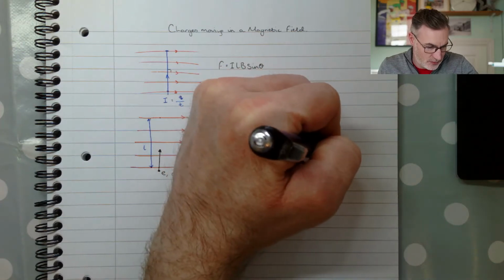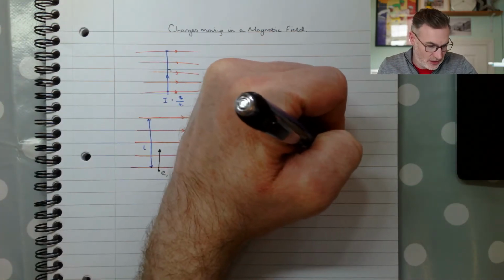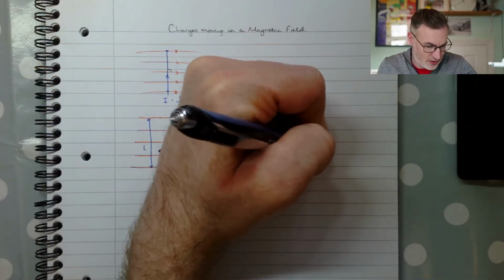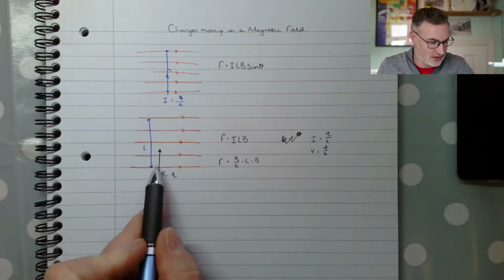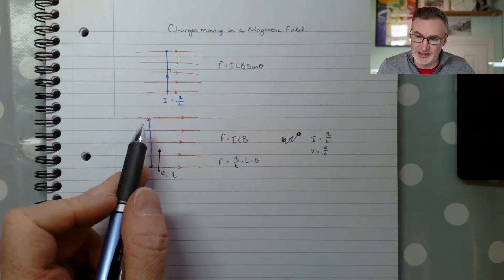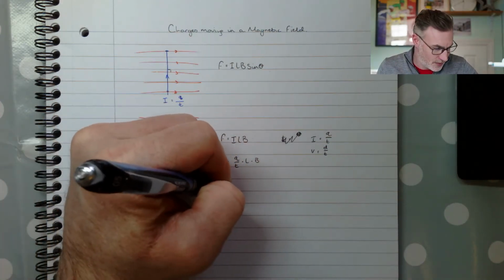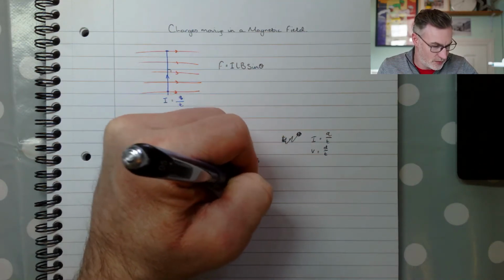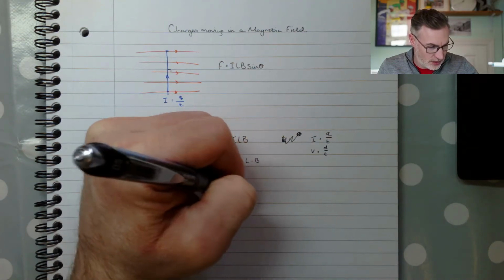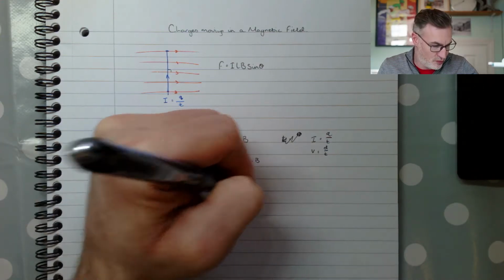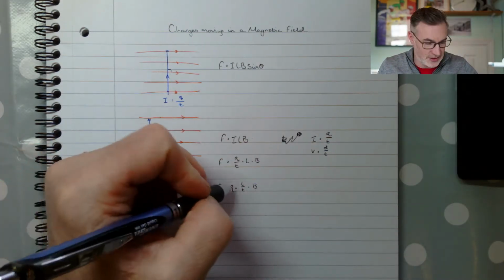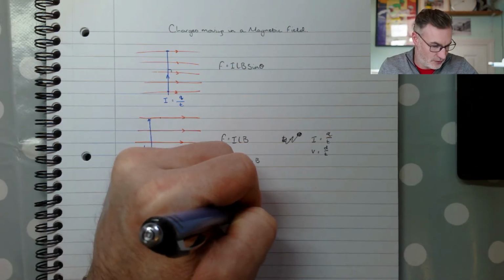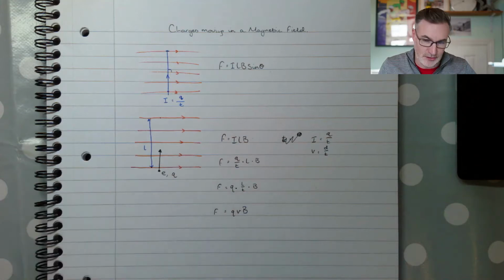So velocity is equal to distance over time, and the distance that it travels we're defining as L in this case. And so F will equal Q times L over T times B, which gives us F is equal to QVB.